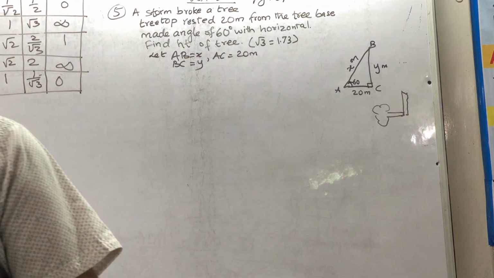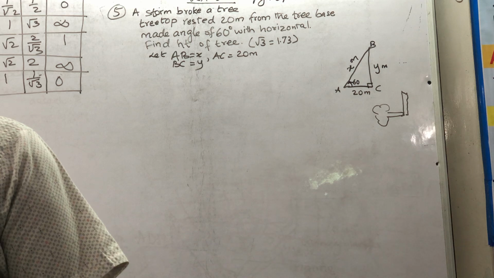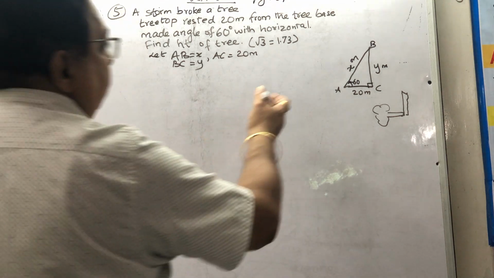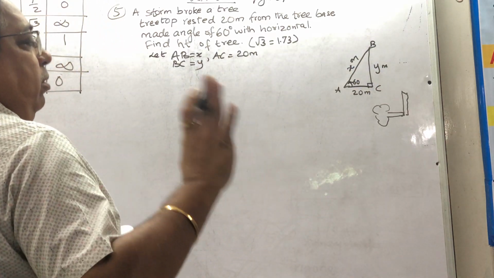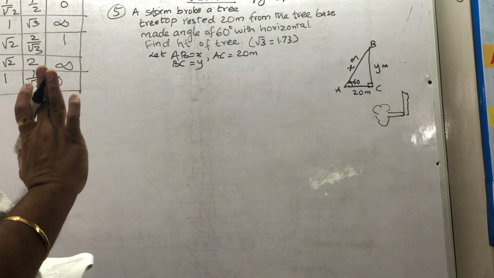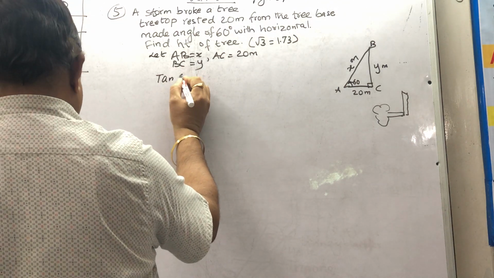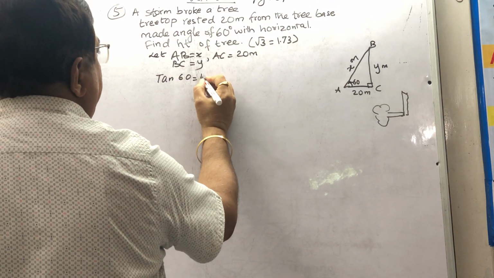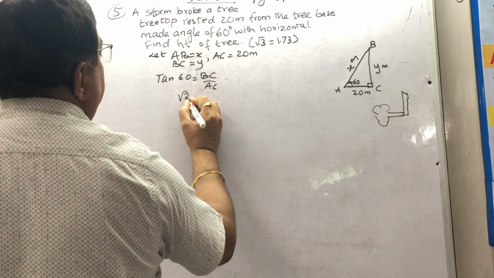Now you can see, I am interested first in this. Two things are troubling me. I have opposite, I have adjacent. Two unknowns. I can't find it like this. I need one known. I need one angle. So tan 60 is, as in my diagram, BC upon AC, so root 3.